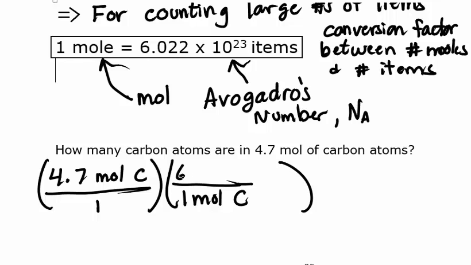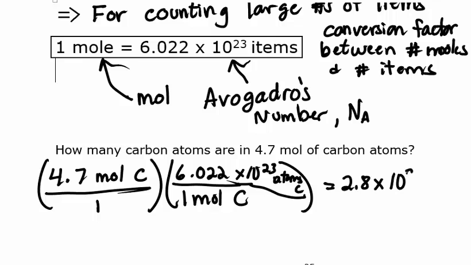On the top, we get Avogadro's number. And that's atoms of carbon on the top. Okay, and we multiply, we get 2.8 times 10 to the 24th atoms of carbon, because the moles cancel.